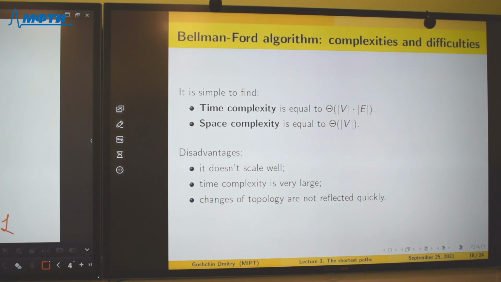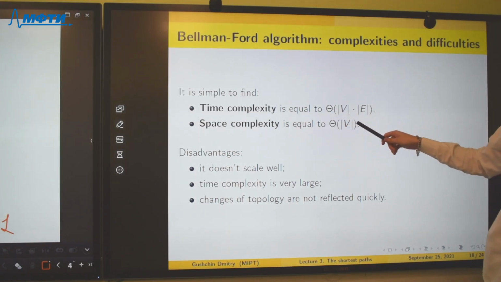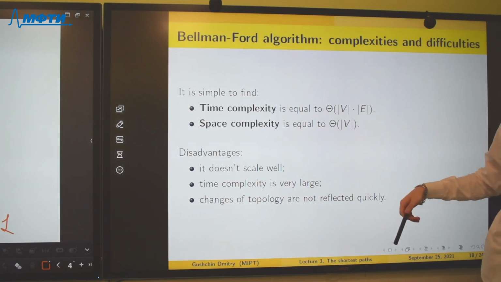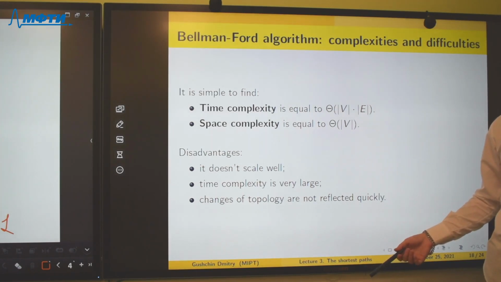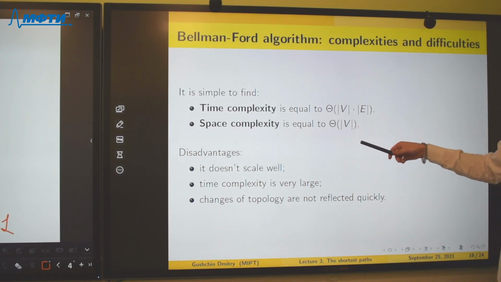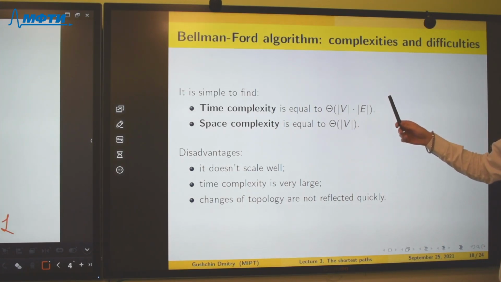About the disadvantages of this algorithm, of course, if the number of edges is equal to the number of vertices squared, the time complexity will be equal to the number of vertices to the third power.